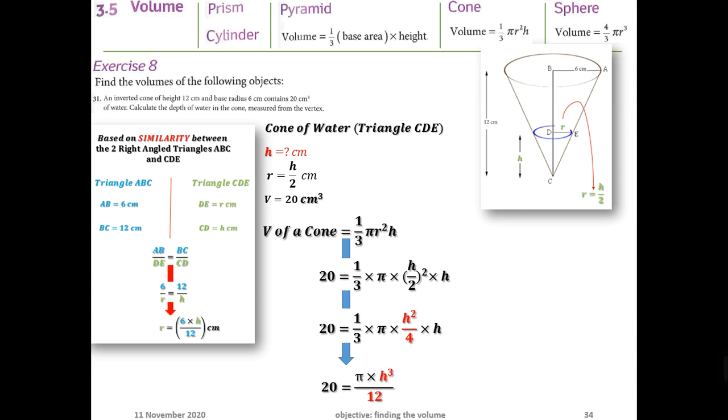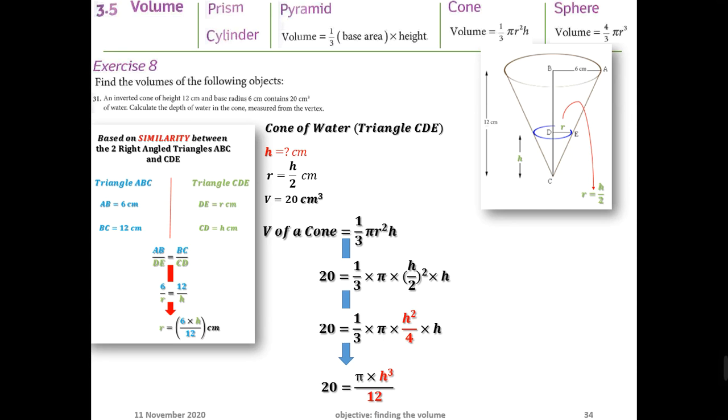Now, let's simplify it a little bit further. So it's going to be 1 times pi times h squared times h. Why? Because pi means pi over 1, and the black h is going to be h over 1.